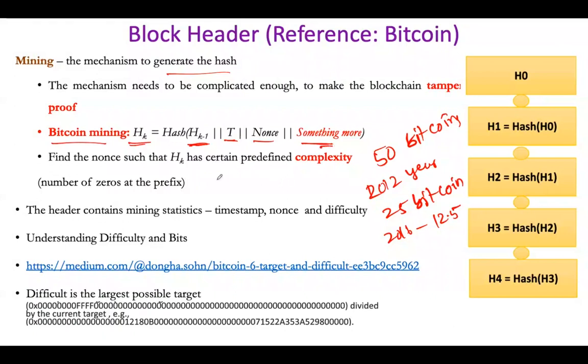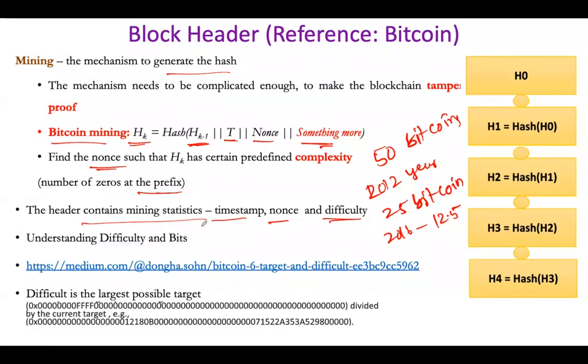So find the nonce such that your hash has a certain predefined complexity, that is, a number of zeros at the prefix. The header contains the mining statistics, that is timestamp, nonce, and difficulty for calculating the target.